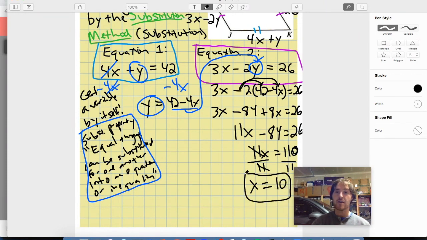So what do we notice about our answer using the substitution method compared to my last video? Solving via these methods is going to allow us to arrive at the same conclusion. I'm just using properties of equality all along. I used the substitution property of equality to replace y in the other equation, then the distributive property of multiplication over addition or subtraction, then combined like terms, then the addition property of equality, adding 84 to both sides, and the division property of equality.